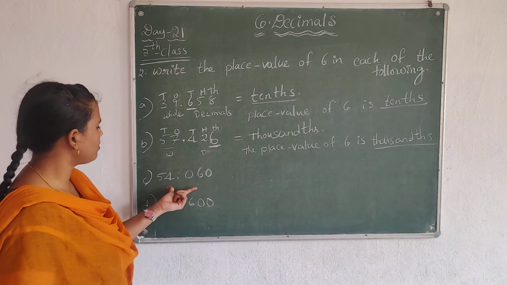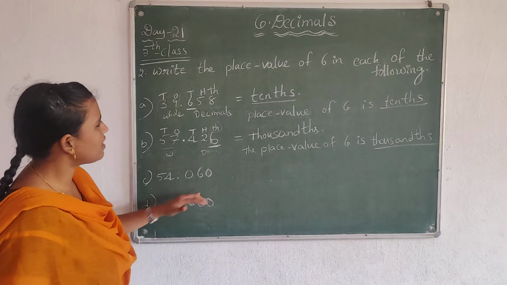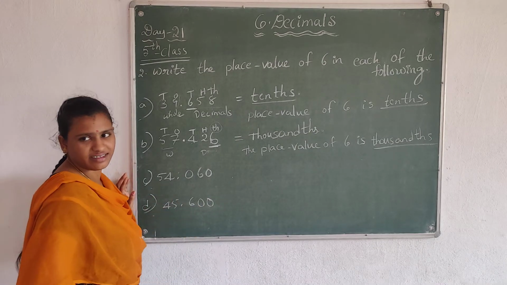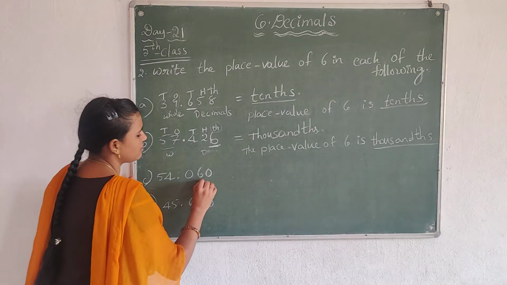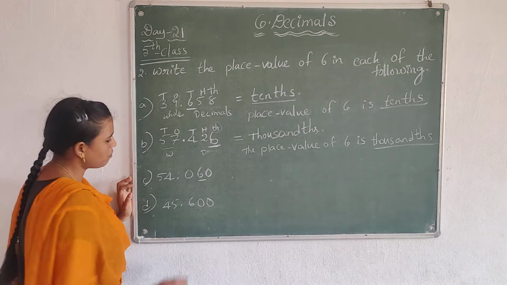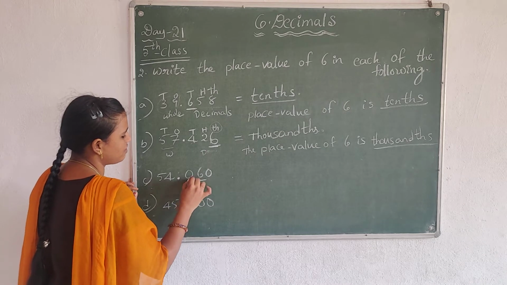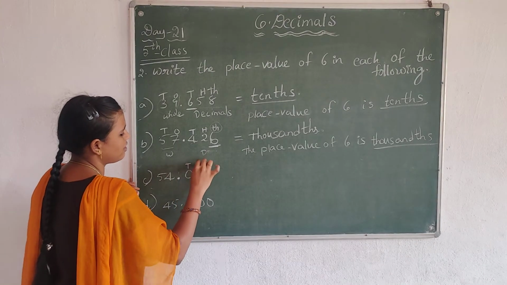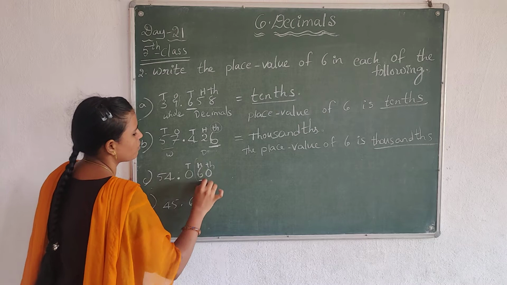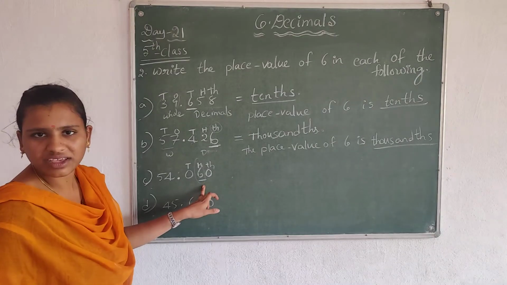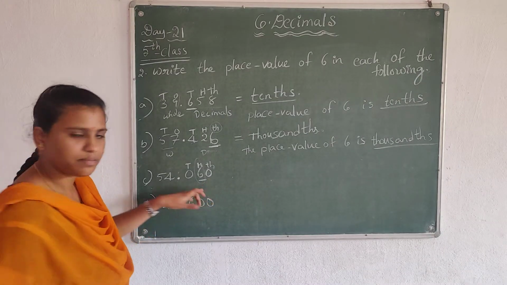Let's see this one. Directly you identify the 6. Where is 6? This is 6. Okay, put an underline. You just consider the decimal value. This is tens, hundreds, thousands. The 6th place value is hundreds.